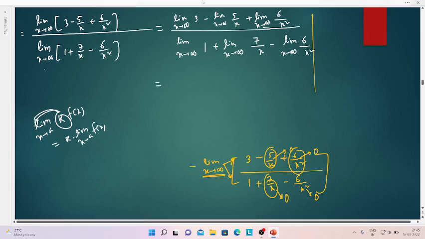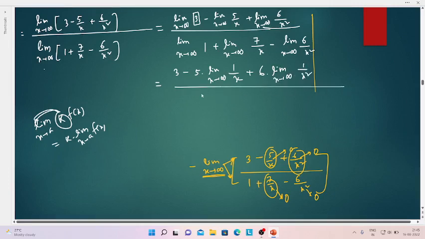Similarly, the limit of a constant term will be that constant term, so 3 minus 5 times limit x tending to infinity 1 upon x, plus 6 times limit x tending to infinity 1 upon x square, and the denominator will become 1 plus 7 times limit x tending to infinity 1 upon x minus 6 times limit x tending to infinity 1 upon x square, right?